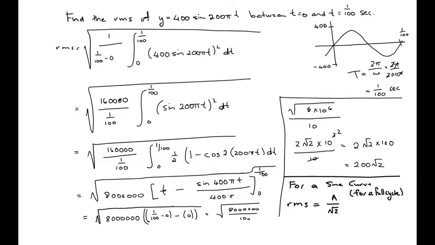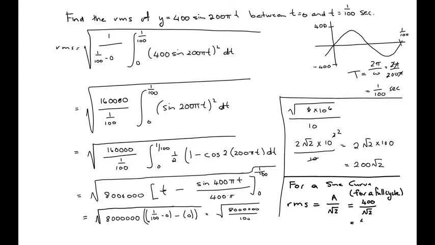Now I knew that. That was why right at the start I did a little sketch to see where this 1 over 100th came, and I could see now that I've got a full cycle. So I'm finding the RMS over a full cycle, so I can simply say my amplitude was 400 over root 2, which I can rewrite as, what can I write that as? I can rationalise the denominator.